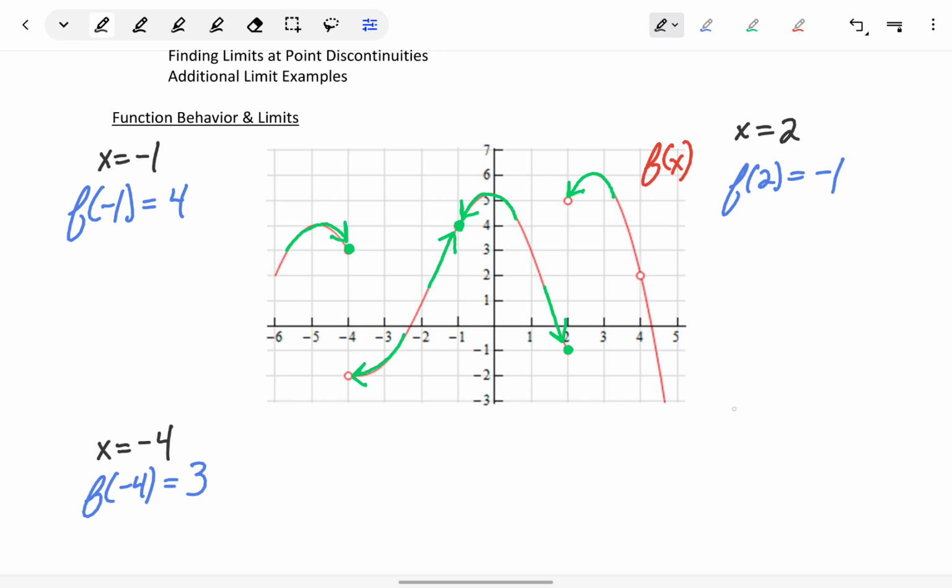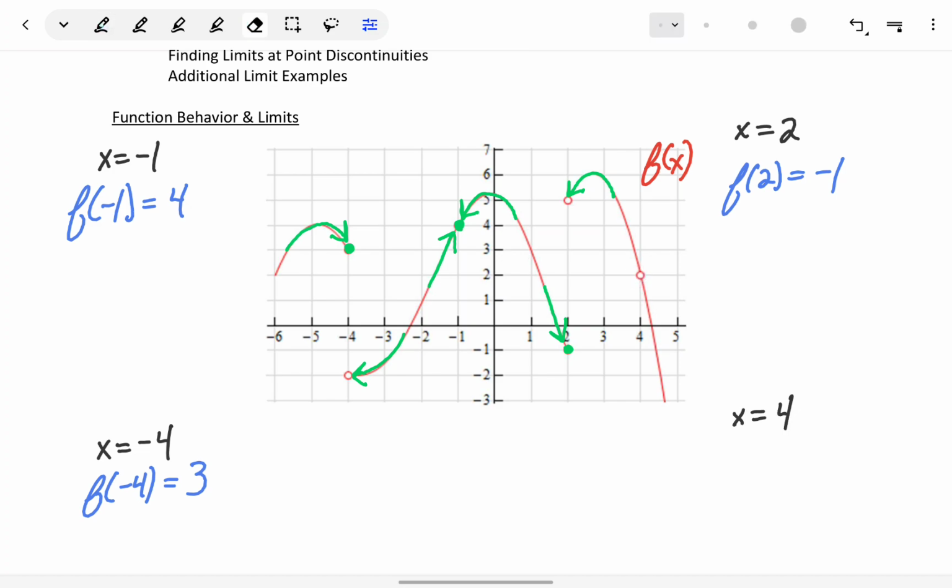Now finally, what we'll look at, our last point, is what's happening around x equals 4. At x equals 4, we have what's referred to as a point discontinuity, because other than this one point, for instance, if we were to fill that in, our function would be smooth and continuous. We could trace along it.